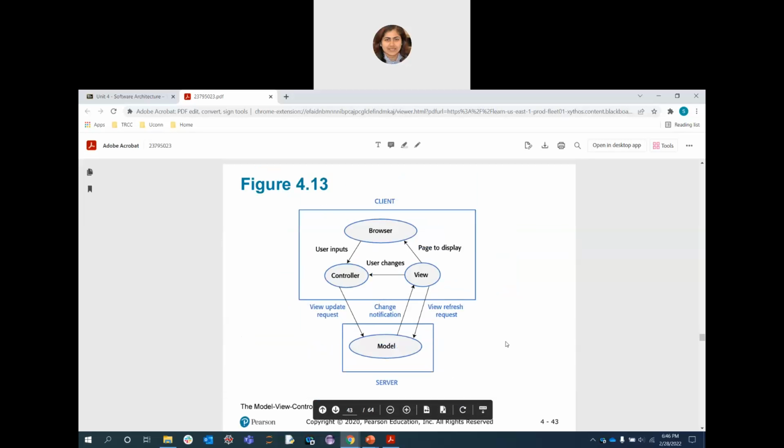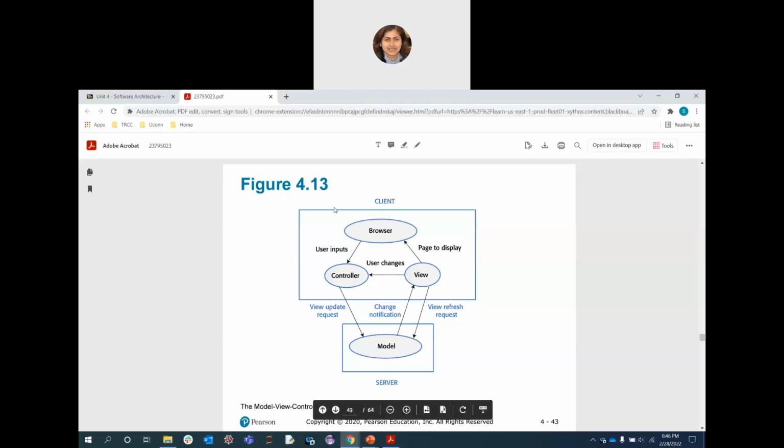MVC, that is the Model View Controller pattern. MVC is a software design pattern commonly used for developing user interfaces that divides the related program logic into three different interconnected elements.